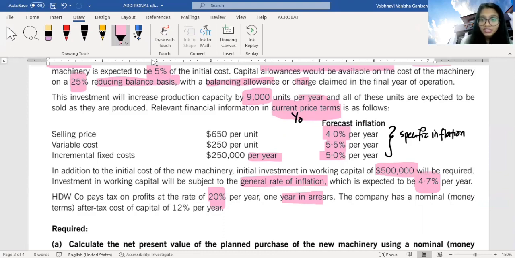If your discount factor is nominal, no issue. But if your discount factor is a real discount factor, then you must use the Fisher formula to calculate the nominal discount factor. All right. So here, when you check, it is already nominal. Now, this is your general inflation rate.